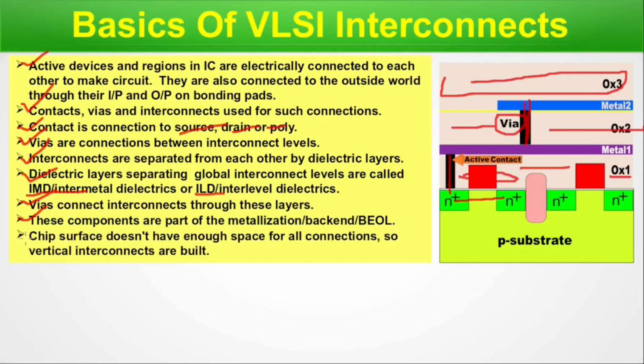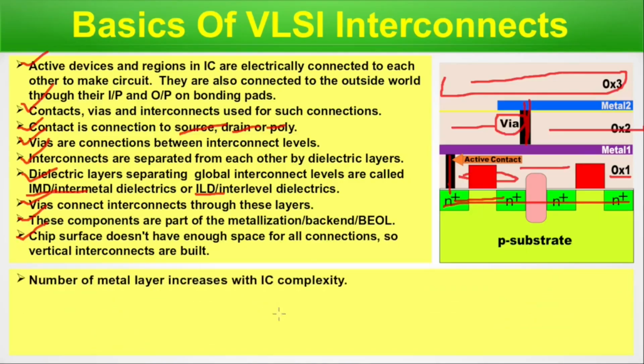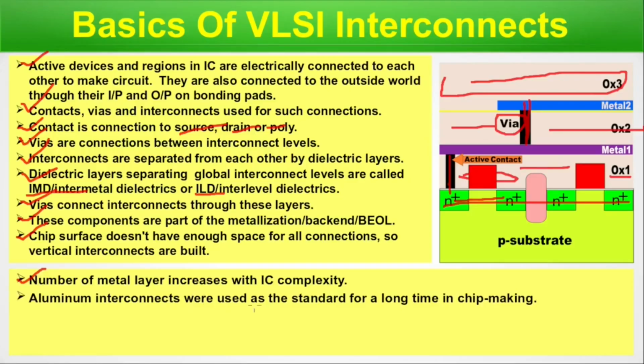Chip surface doesn't have enough space for all connections, so vertical interconnects are built. Active regions are laterally fabricated on the chip surface, so on that, these connections are built. Number of metal layers increases with IC complexity. Technology is progressing, device numbers are increasing because we want to realize more complex functionality, and the number of metal layers is also increasing accordingly. Aluminum interconnects were used as the standard for a long time in chip making, and sometimes it's still used.